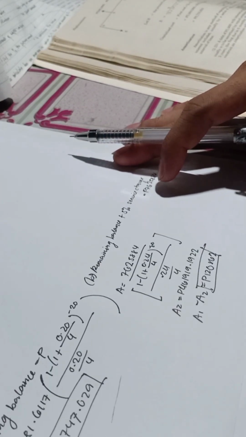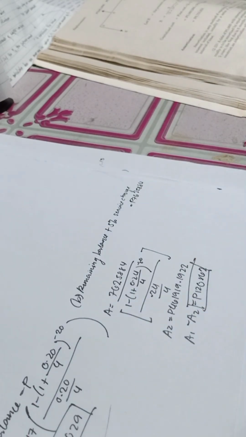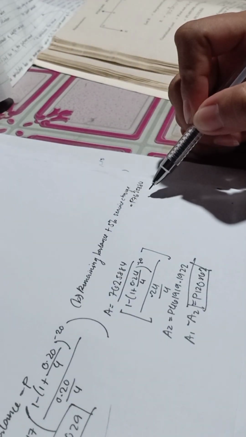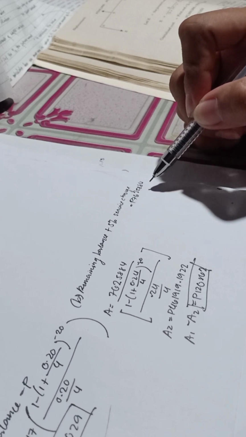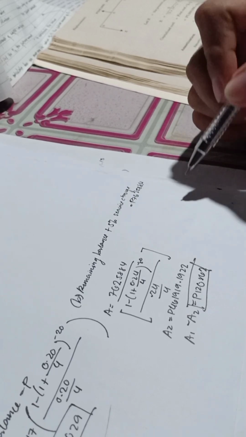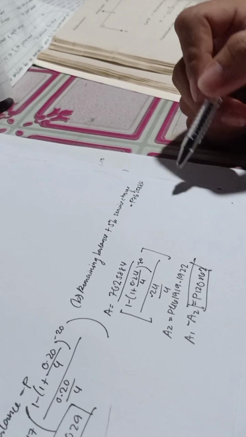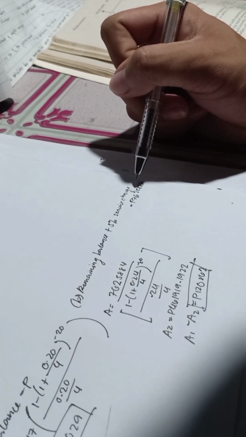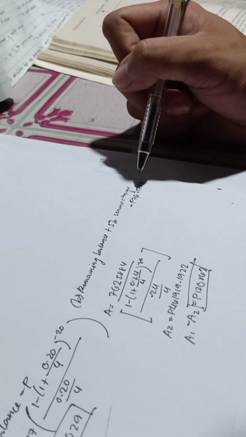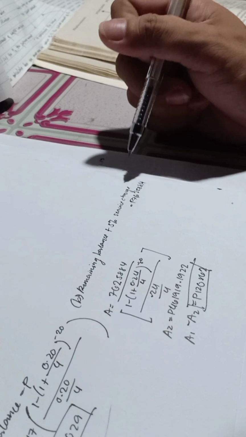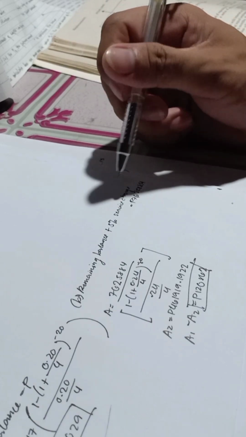So let's proceed to letter B, remaining balance plus 5% service charge. So it is equal to 7,625,884 pesos.